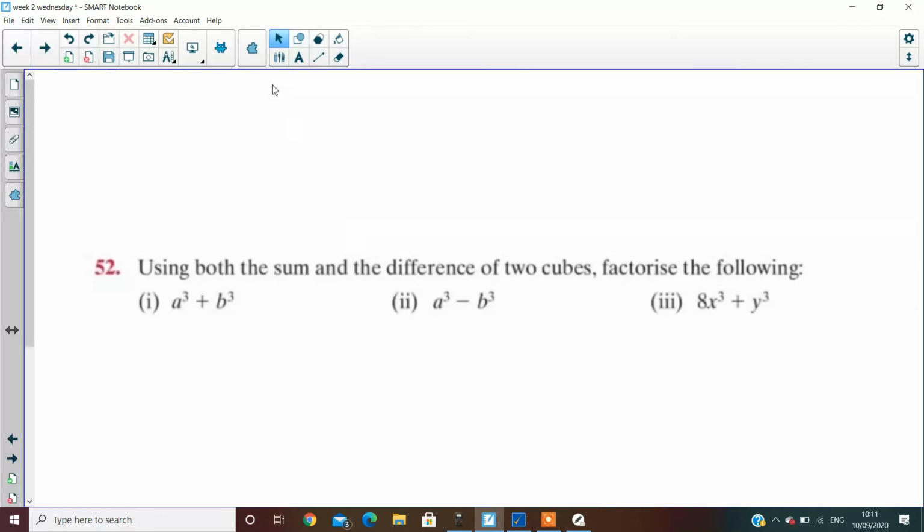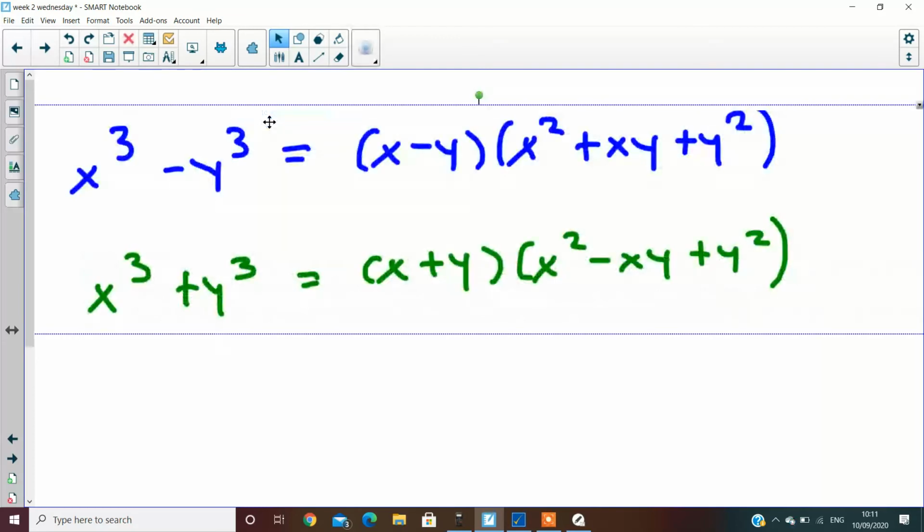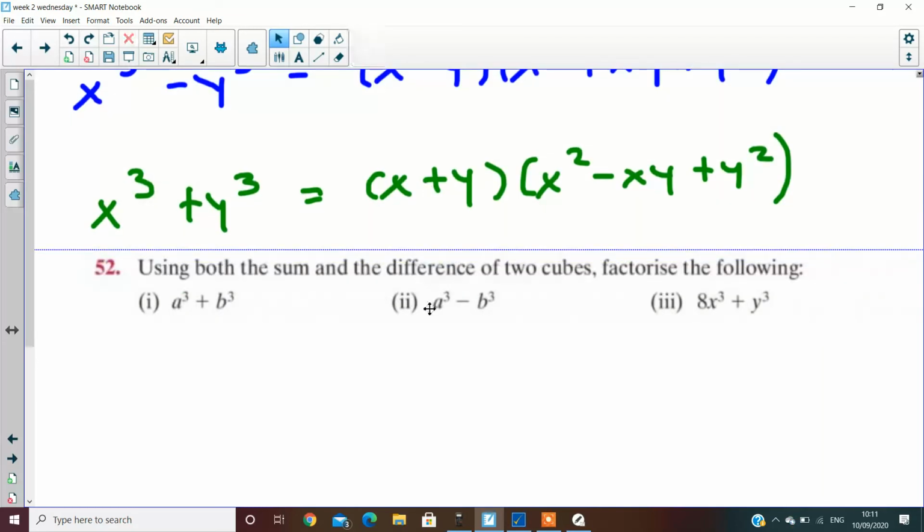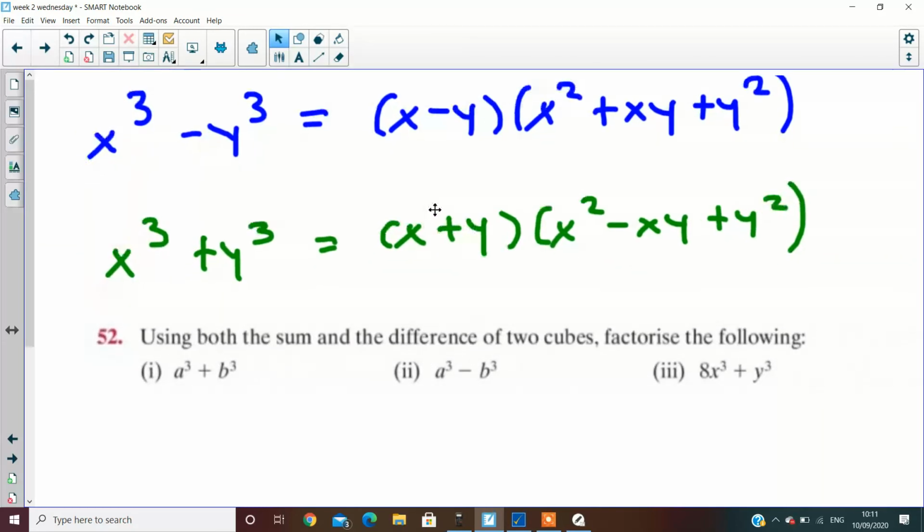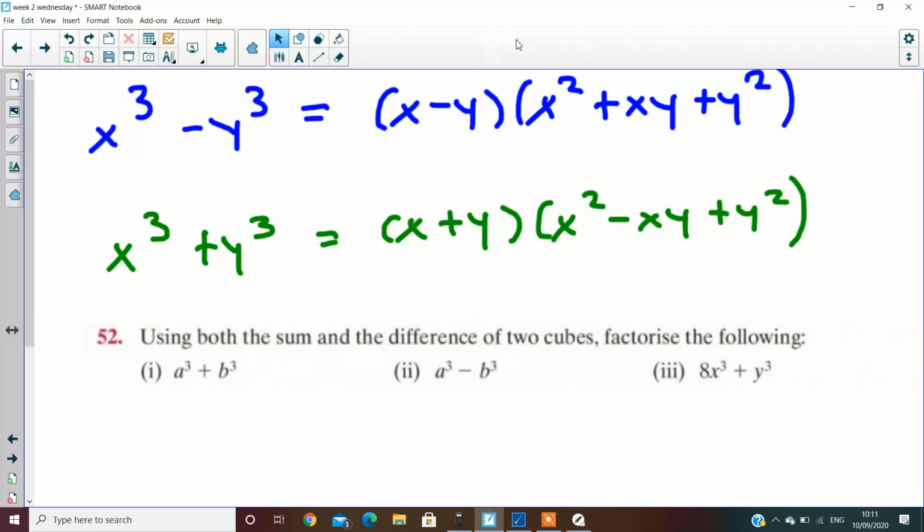What do you think the answer is for a cubed plus b cubed? All you have to do is change the x into a and the y into b. So (a plus b)(a squared minus ab plus b squared), and you're done.